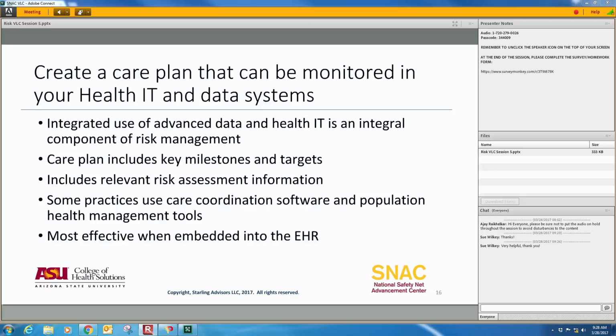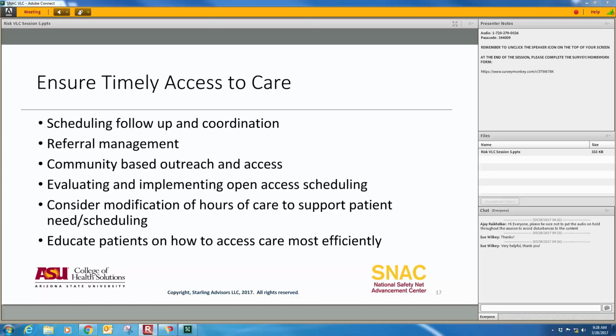In our opinion, it is much more effective when those care plans are somehow embedded into the EHR so that providers across your service spectrum have the ability to go in and see what's going on with that patient. So we know that you guys are already utilizing many of these models, but we just wanted to highlight why we think it's important and the role that the care plan takes on in terms of this work is really central.